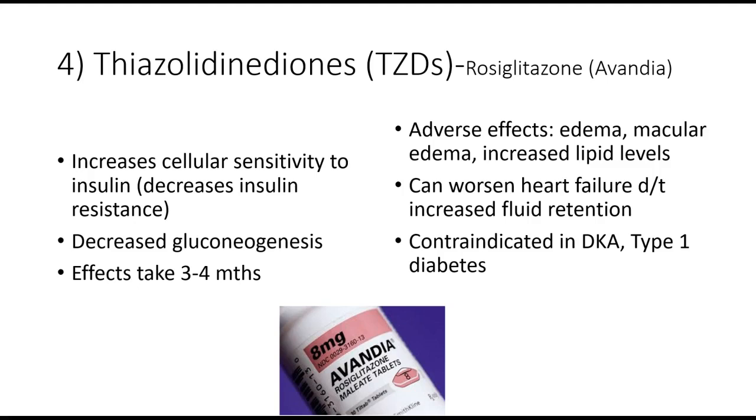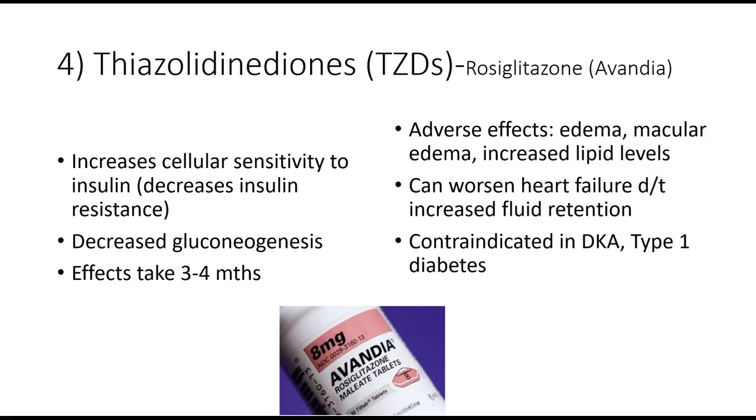that use rosiglitazone. The other interesting thing about this drug category is that it causes an increased amount of fluid retention. So adverse effects are edema. You can also have macular edema and increased lipid levels. And we have to use caution for our patients that have increased lipids already.